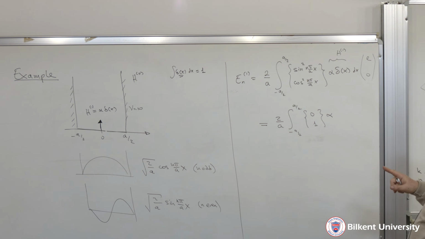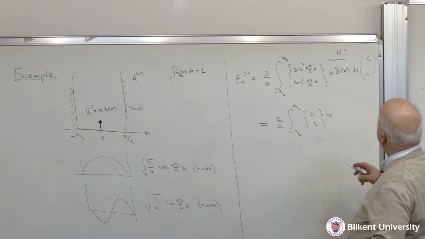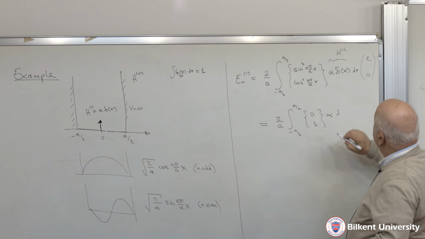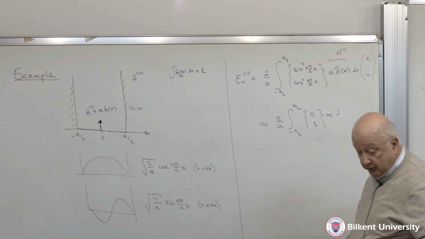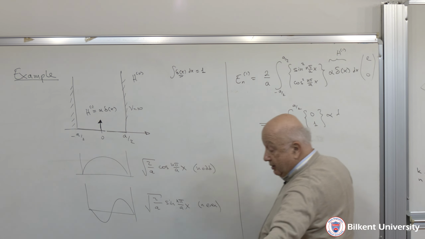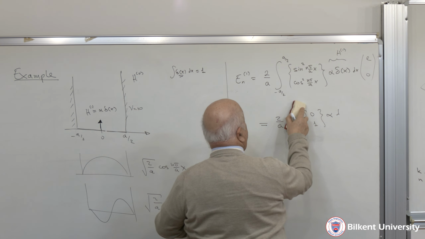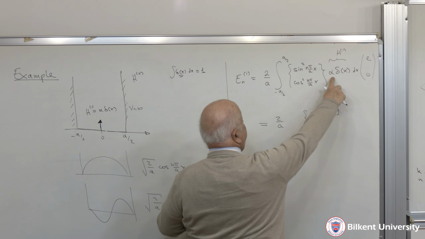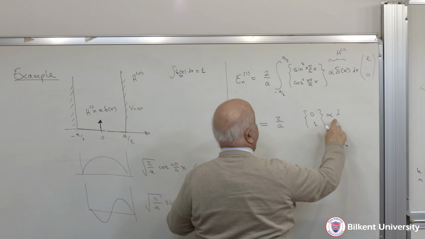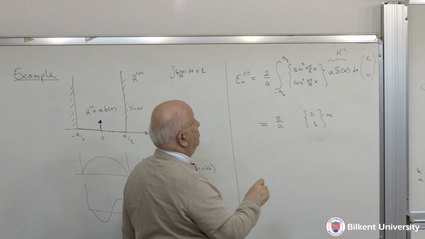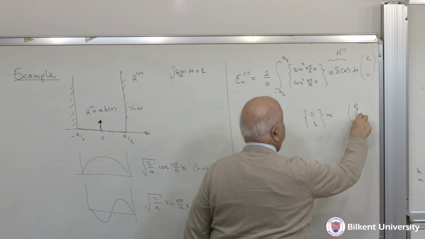I think we are okay. We have 1 over a here. No, we are not okay. Oh, we did the delta function integral, so the integral is not there. I'm sorry. The result of the integral is either 0 or alpha, depending on whether it's even or odd.